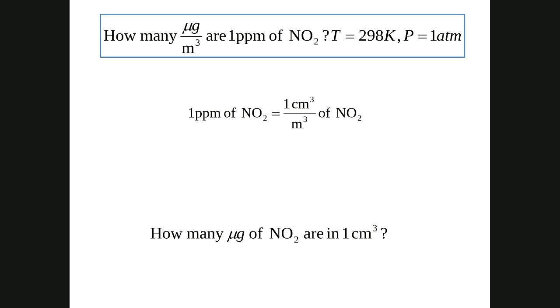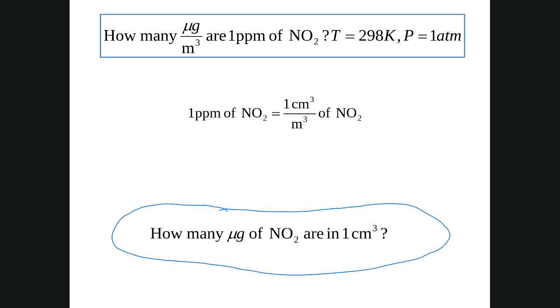1 ppm of nitrogen dioxide is 1 cubic centimeter per cubic meter of nitrogen dioxide. So now the question is, how many micrograms of nitrogen dioxide are in 1 cubic centimeter of nitrogen dioxide? To find that out, you need to use a couple of equations, both very common in chemistry and physics.